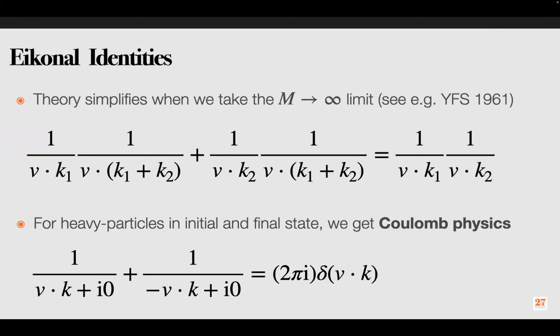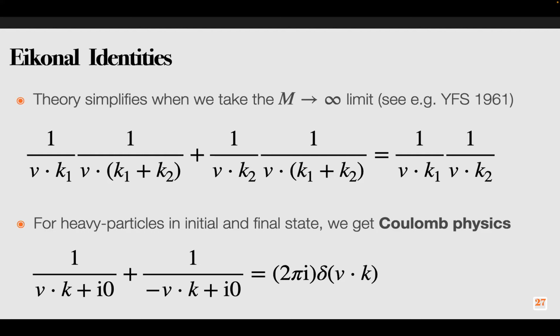To give you some intuition, maybe you've seen YFS algebra, where you read about soft photon identities, or if you looked at the treatment of IR divergences in Peskin and Schroeder, you'll have seen something like this, where you have emission off of an electron line by two photons, and the sum looks very complicated, and it turns out when you add it all together, you sum over all the permutations, you actually get a much simpler result of uncorrelated emission.